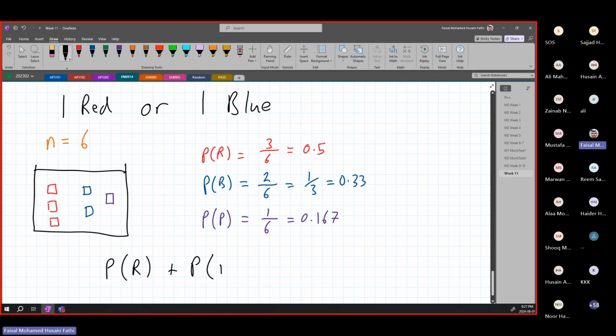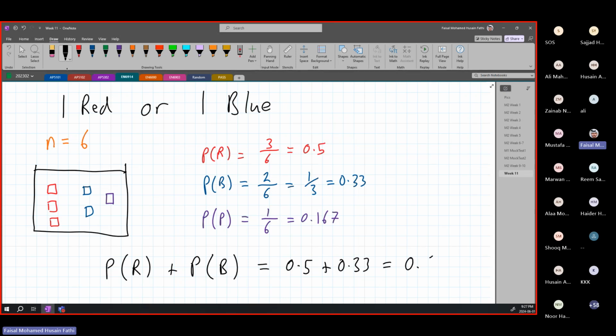So the probability of red plus the probability of blue, which is 0.5 plus 0.33, which is equal to 0.83. Okay.